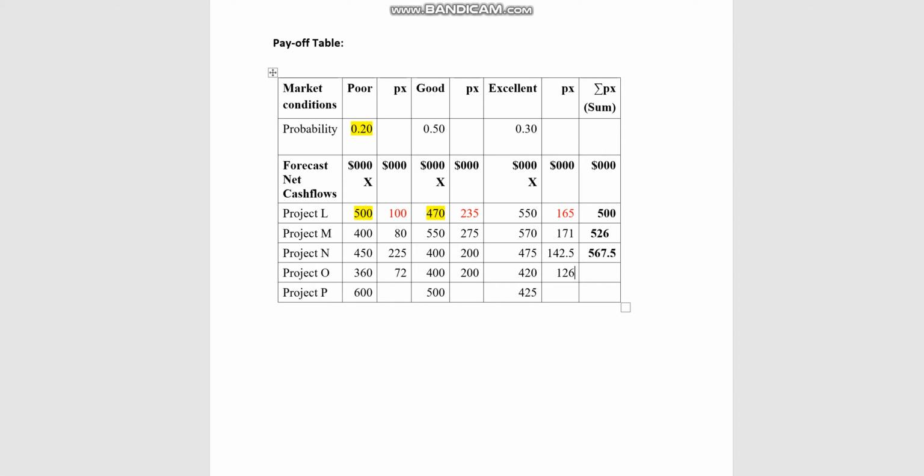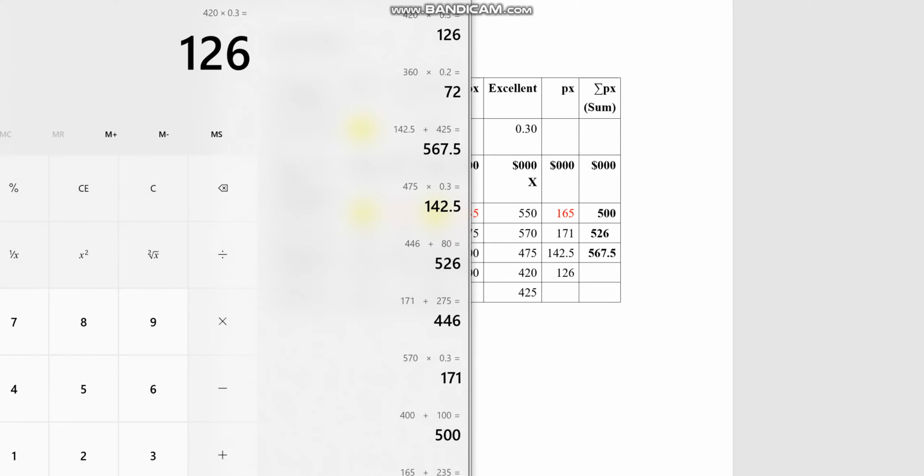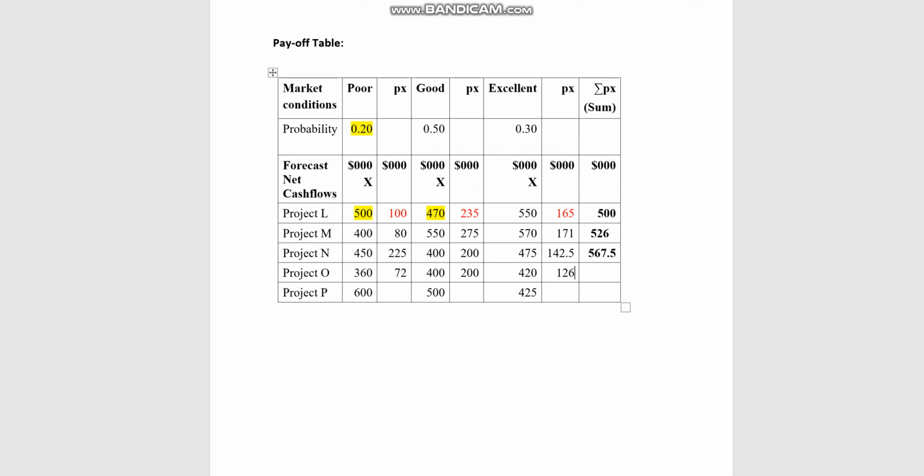So 126 plus 200, which is 326, 326 plus 72, 398.